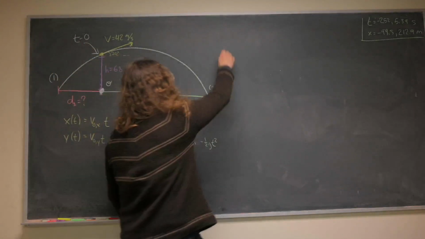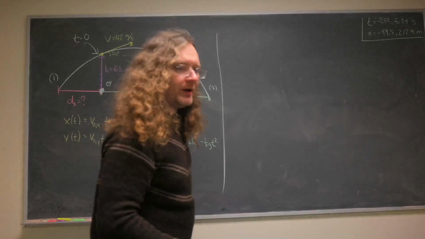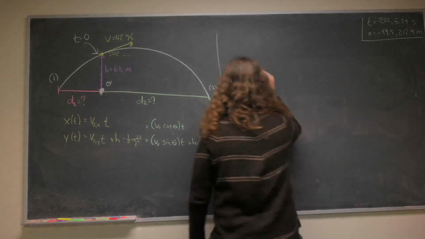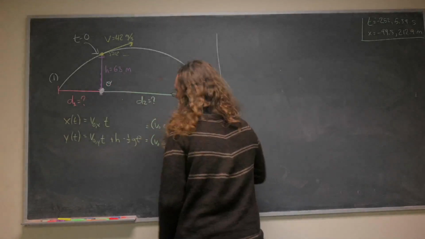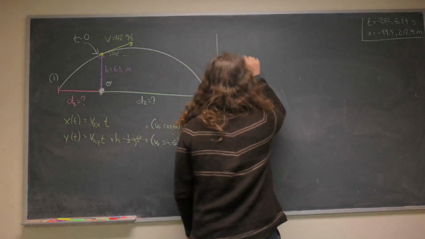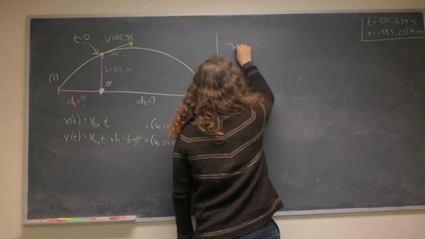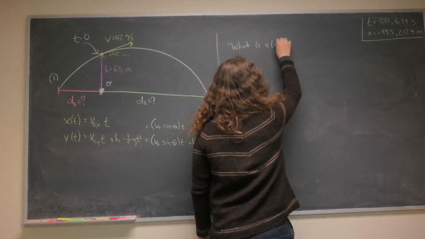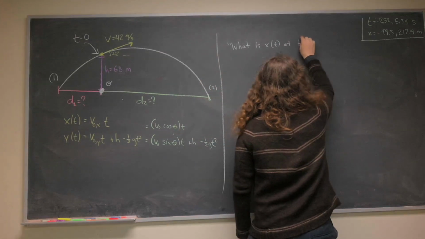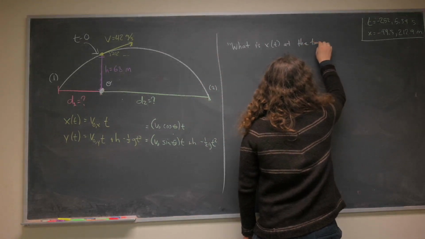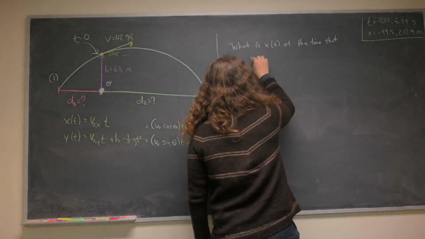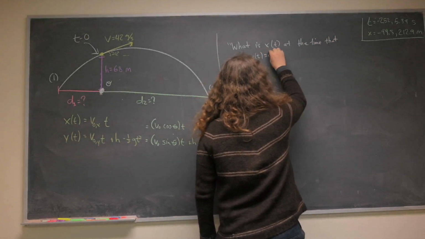So we can, as always, frame our question in terms of our mathematical variables. Since the ground is y equals 0, this point is our origin, we can say, what is x of t at the time that y of t equals 0?